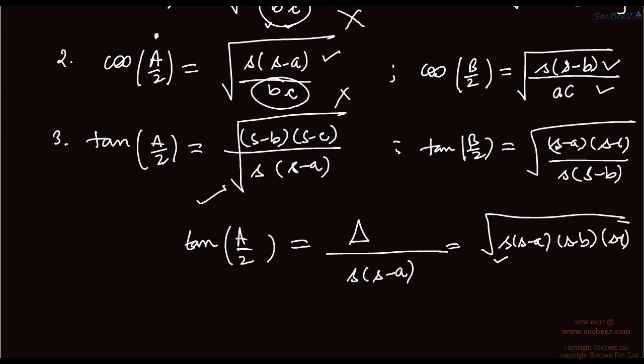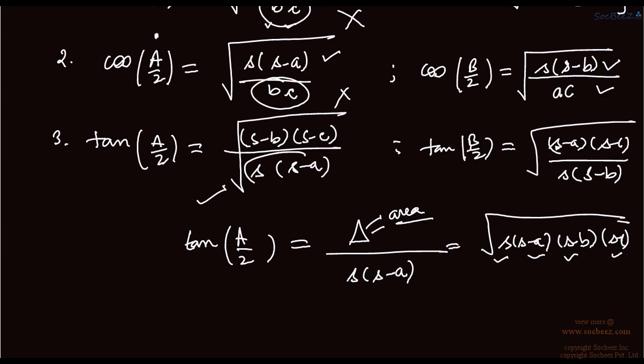S is the semi-perimeter, a, b, c are sides, and this is called the area, the area of the triangle. How does this come?